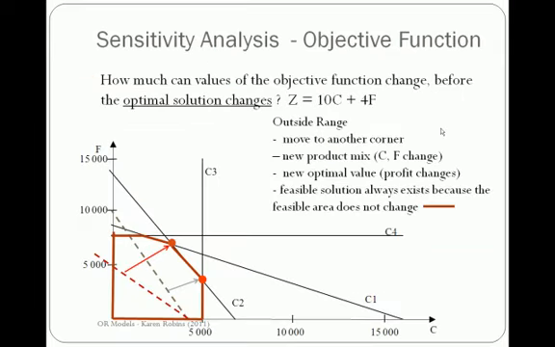So here's the diagram. Basically, all that's happening is your profit line changes, where this is the profit line of the original question, and our optimal point was here. If the profit line changes to something like this, our optimal point would be here, and we simply move to a different corner of the feasible area.